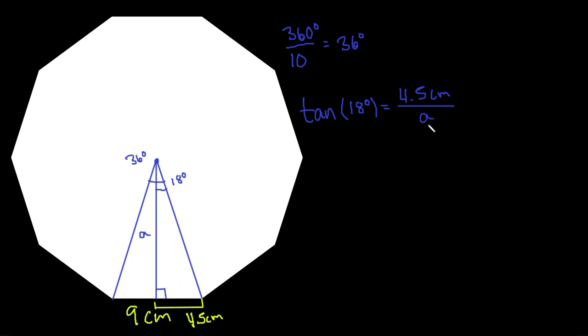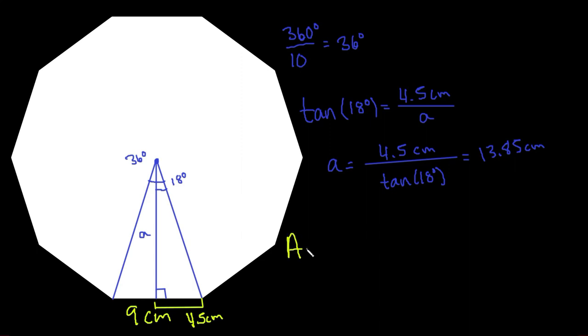I guess I should say the length we're looking for. So if I rearrange this equation, this is 4.5 centimeters divided by tangent of 18. If you plug this into your calculator, you'll get 13.85 centimeters.